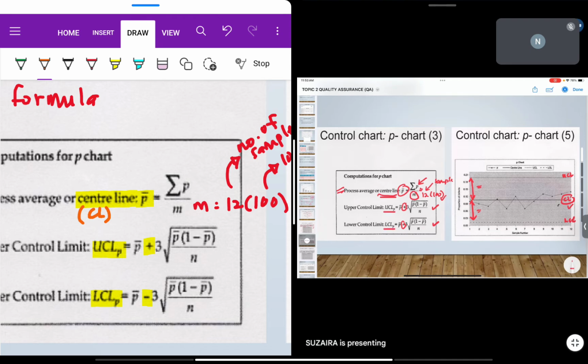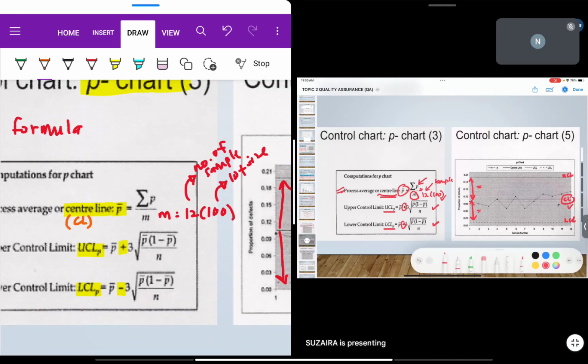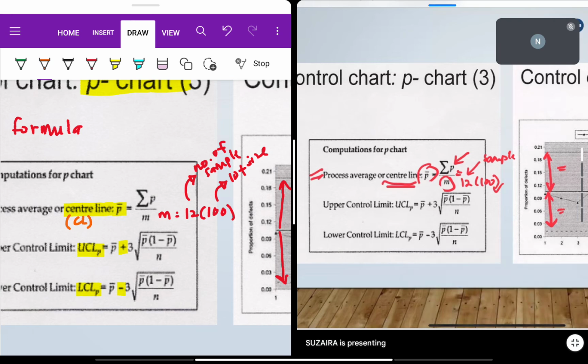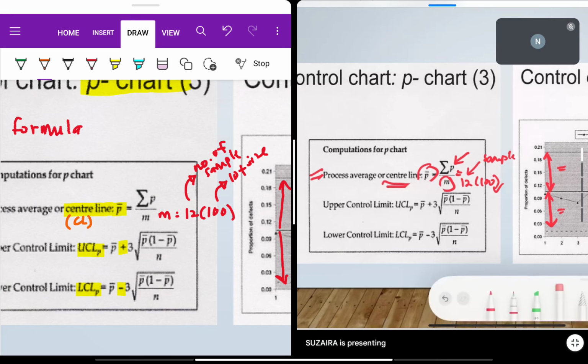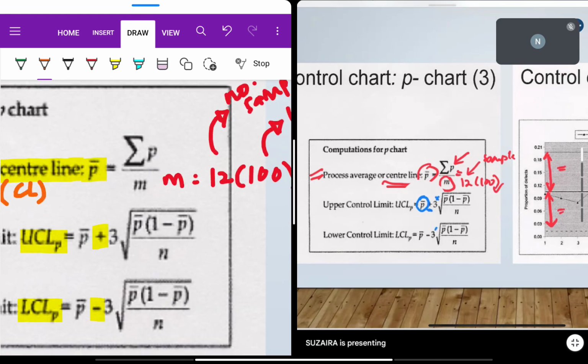Okay, so remember this equation: P bar plus 3, remember this one, 3 times, it must be times.